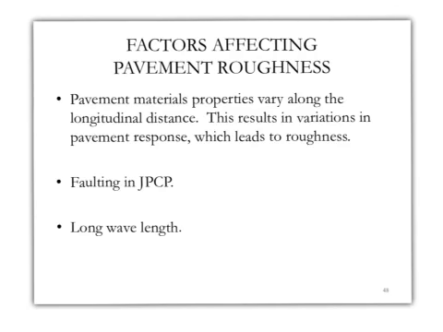For example, if I'm experiencing a lot of high severity faulting in jointed Portland cement concrete pavements, then this will affect the roughness measurements. This is going to have a longer wavelength, and therefore the roughness measurements are going to be not accurate.